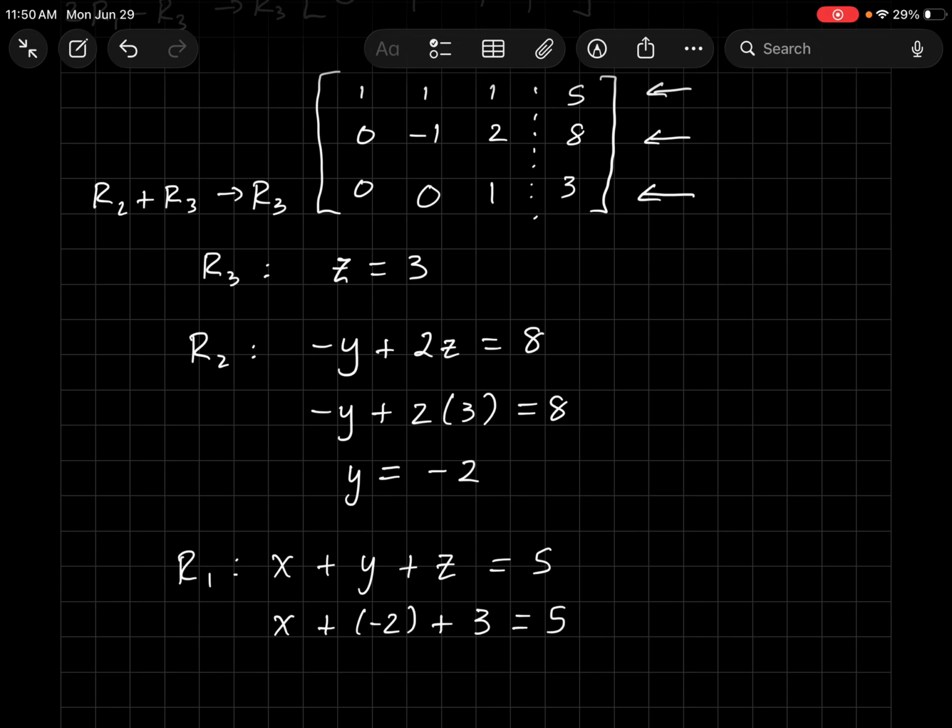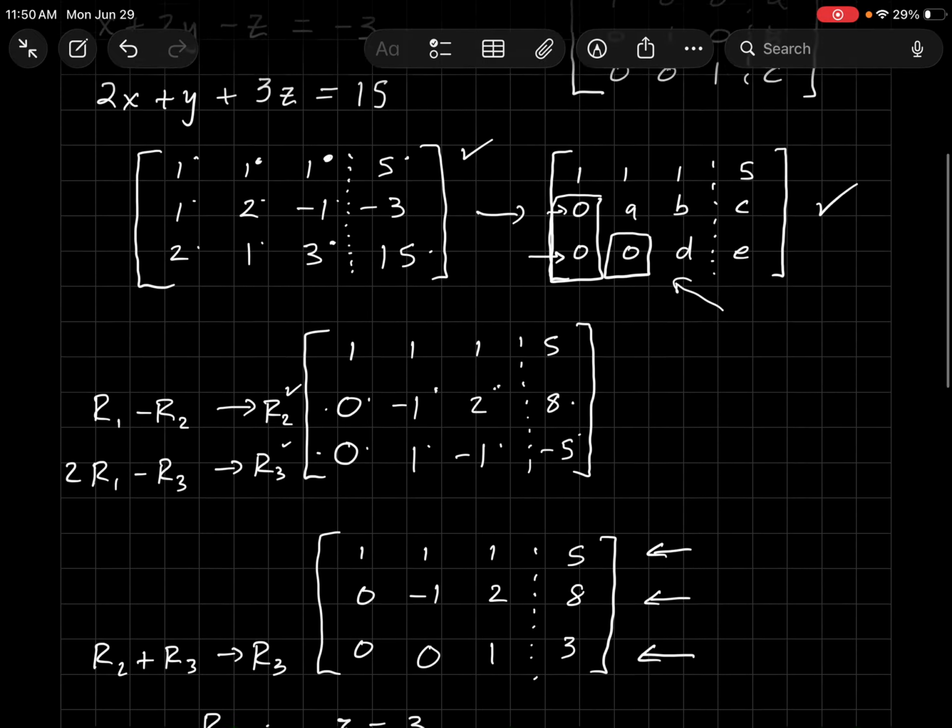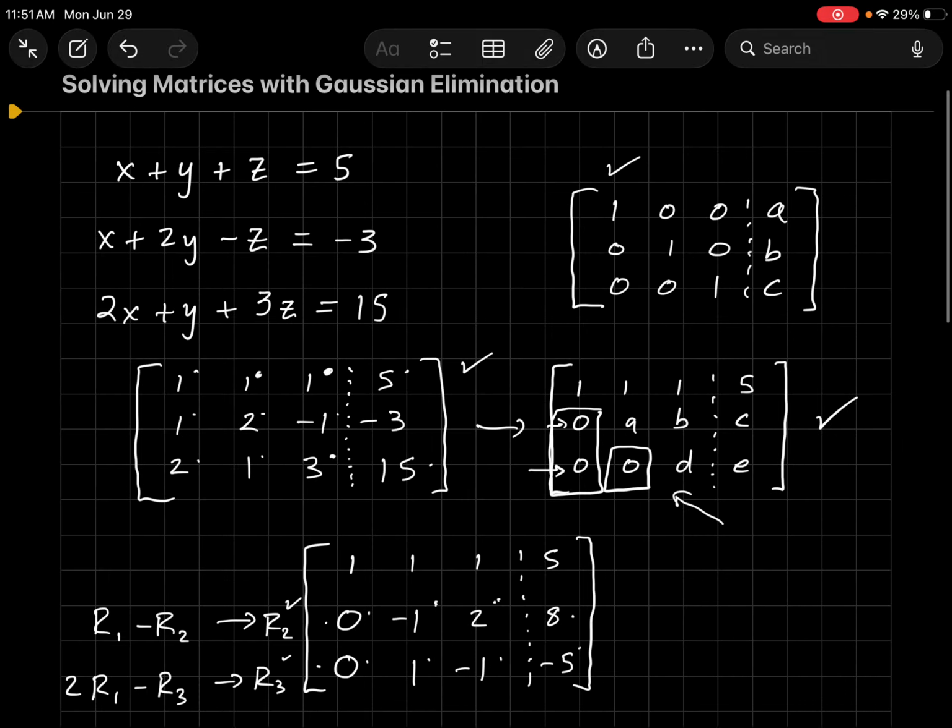And then if I solve this, I get x plus 1 equals 5, or x equals 4. And I have the solution 4, negative 2, 3. And if you have a little time, go back and plug these answers 4, negative 2, 3 into each of these equations, and you'll see that you get a true statement.